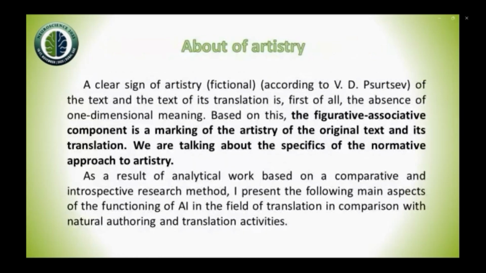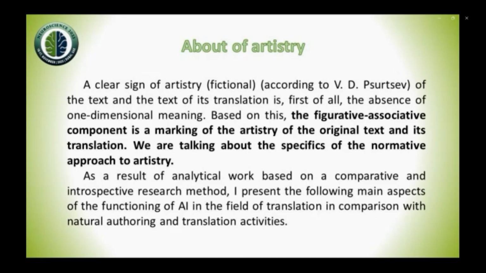A clear sign of artistry, according to Surtsev, of the text and the text of its translation is, first of all, the absence of one-dimensional meaning. Based on this, the figurative associated component is a marking of the artistry of the original text and its translation. We are talking about the specific of the normative approach to artistry.